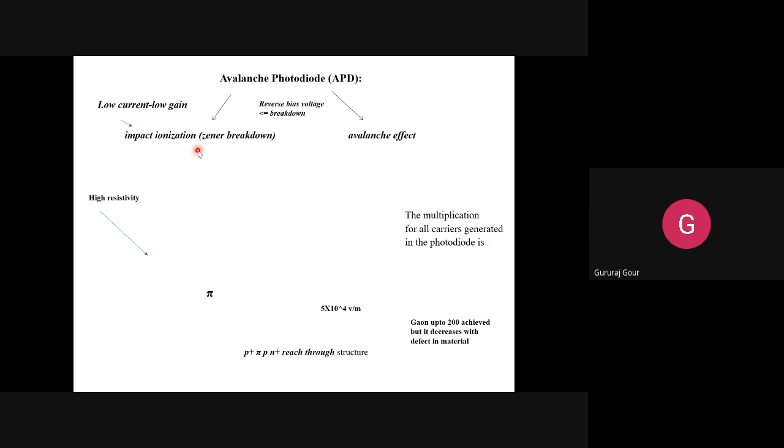Once saturation velocity is achieved by our EH pairs, they start bombarding the nearby atoms and dislodging still more EH pairs. Multiplication of carriers starts happening. That is known as the avalanche effect. Both phenomena are involved in the APD: impact ionization, and another that leads to the avalanche effect.